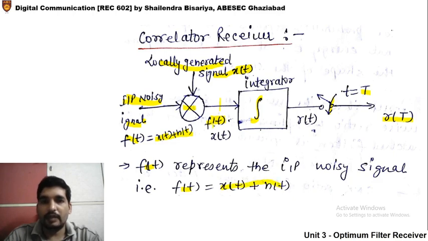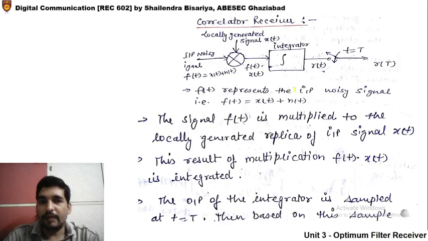The signal f(t) is multiplied by the locally generated replica of the input signal x(t). The result of this multiplication, f(t) into x(t), is given to the integrator, and the output of the integrator is sampled at t equal to capital T.